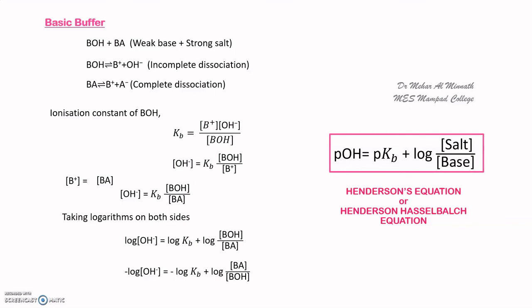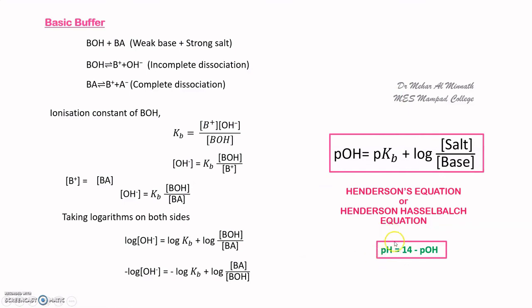Now, if you want to get the pH of this basic buffer, we know that pH is equal to 14 minus pOH. Using this term, we can calculate the pH of the basic buffer. So if we know the concentration of salt and base used, we can calculate the pOH, and through that we can calculate the pH of the basic buffer.